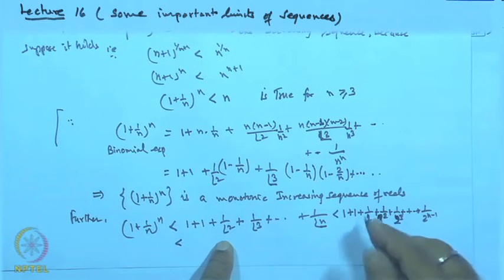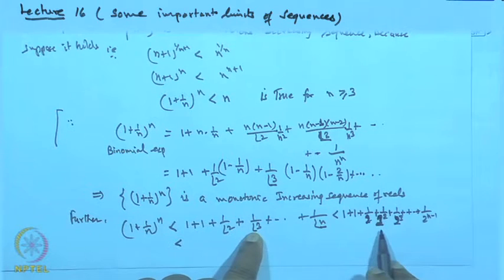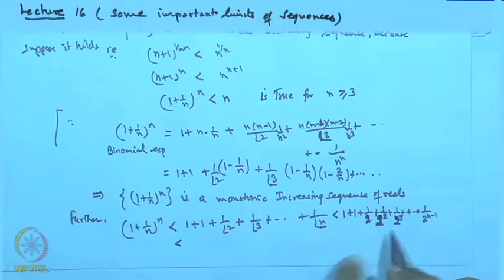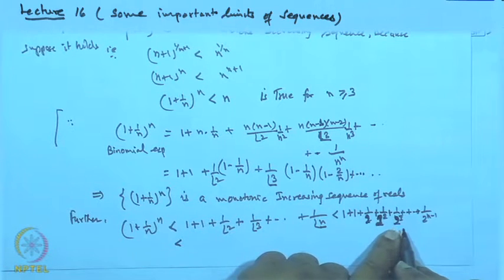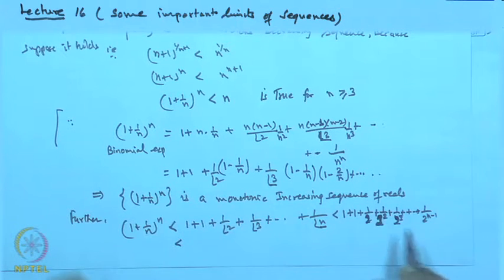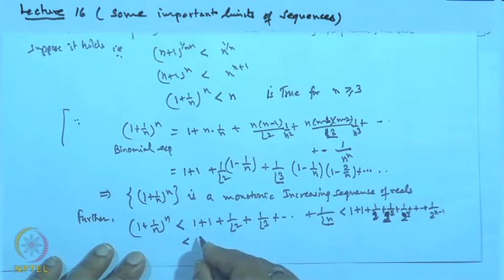Okay. So first term is additive, factorial 3 is greater than 2 square. So 1 by factorial 3 is less than 1 by 2 square, 1 by factorial 4 is less than 1 by 2 cube, 1 by factorial n is less than 1 by 2 to the power n minus 1. Now, this is a geometric series. So what is the sum of this geometric series? It is a over 1 minus r, so it is less than 3.